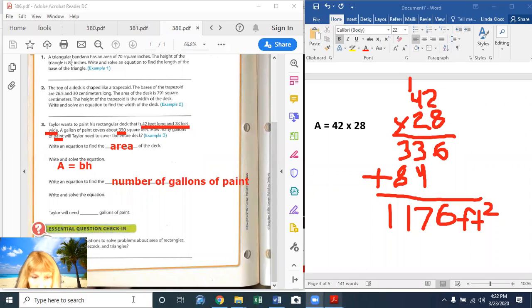Okay. So how are we going to figure out how many gallons of paint we need? Well, we have to go back to the other number in our problem. We have 350 square feet the paint gallon will cover. So now I'm going to put our area is equal to 1,176 feet squared right there. So I can erase it over here so that we have more room to work.